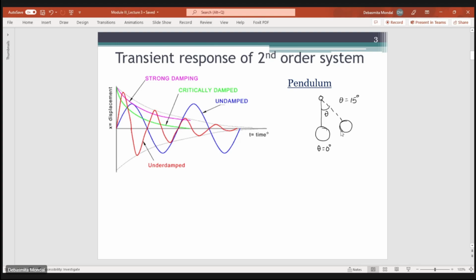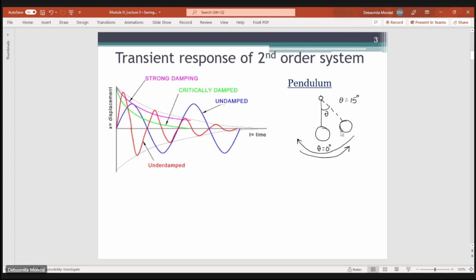So what will happen? The pendulum will start to oscillate. It will start oscillating like this, then it will go back, and then it will keep on oscillating. The oscillation of this pendulum depends on external factors, as in what is the damping which is there in the system.